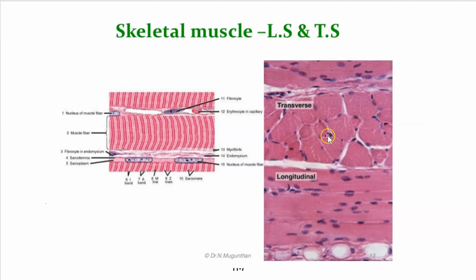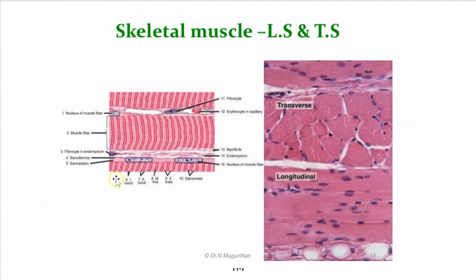This one is definitely a satellite cell, and you see a whole bunch of sarcolemma over here, which is the plasma membrane of the skeletal muscle fiber. So this on top is the cross section of the skeletal muscle fiber. So you see this is a single muscle fiber, that's a muscle fiber. And this is the longitudinal section of the muscle fiber.